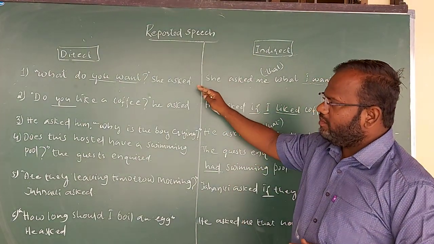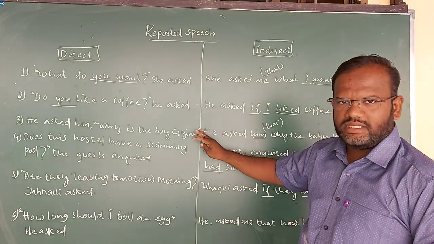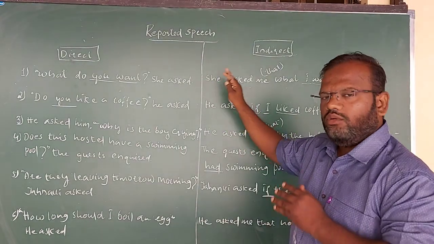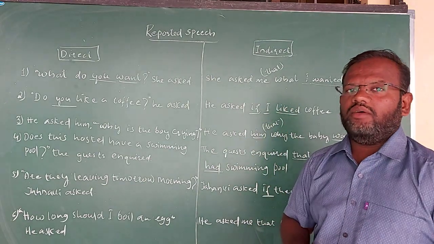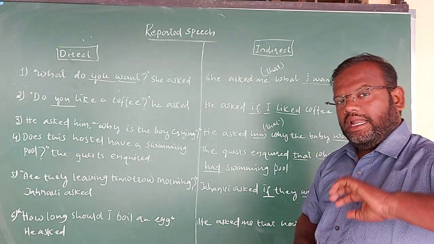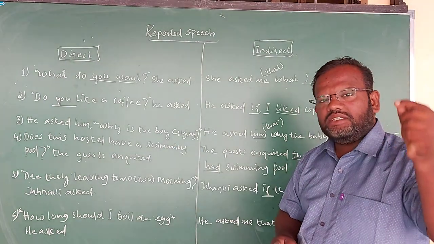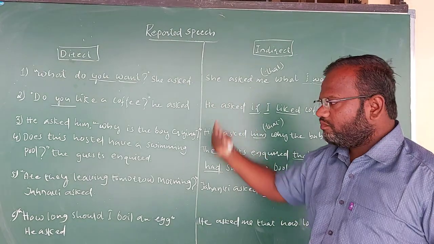Certain examples have been mentioned on your board, six examples overall. We'll take each example from direct speech to indirect speech. Let us try and change it, and I hope you will also work along with me, so please sit with your pen and pencil when the class starts.